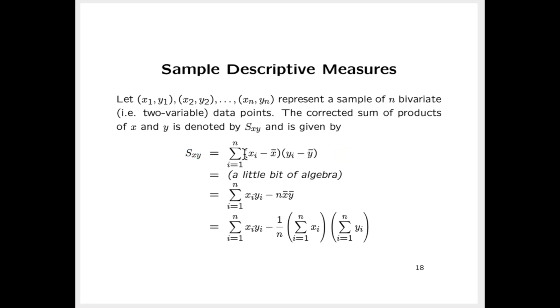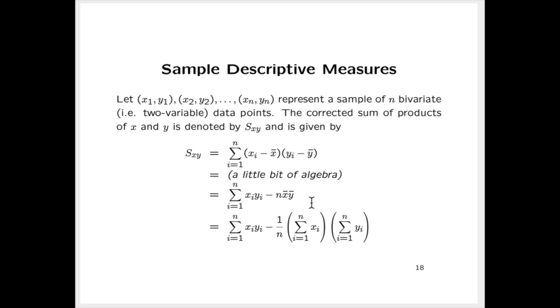Now, if you use the FOIL method and expand out that product, then apply the summation operation to those terms, and use a little bit of algebra to simplify, you get two computational formulas that are algebraically equivalent to the defining formula. Which one you use will depend on what information you have.